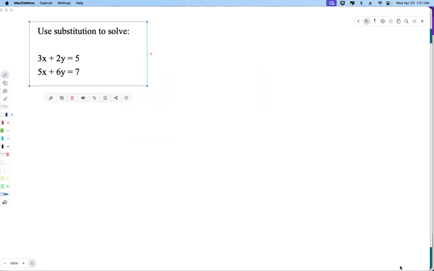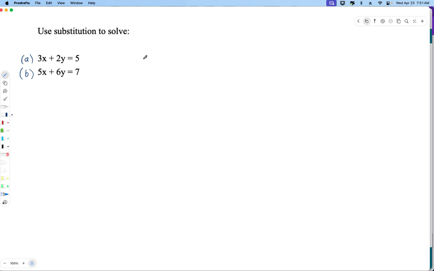Next question. All right, again, I've got A and I've got B, just to give them a name. And on here, I'm looking. I don't see anything that I can reduce, right? So I'm going to use the one with the smaller numbers and create a substitution value.